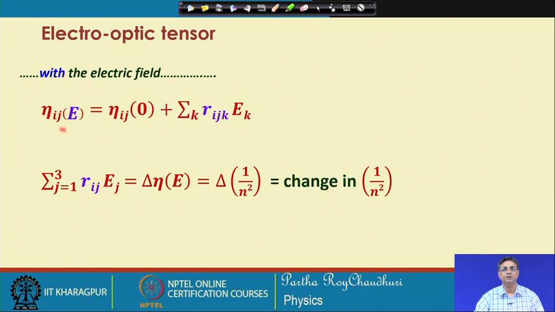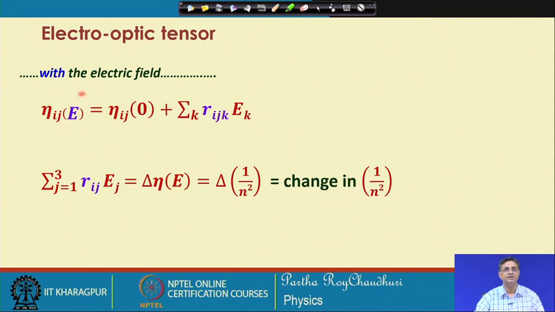So, this will give me the new impermeability tensor, but we need the change in the impermeability, that is the difference, eta ij(E) minus eta ij(0). This difference we need, then we can calculate this quantity. Because the electric field and the coefficients are known to us, we can evaluate this, and it will give me the change in the impermeability tensor.